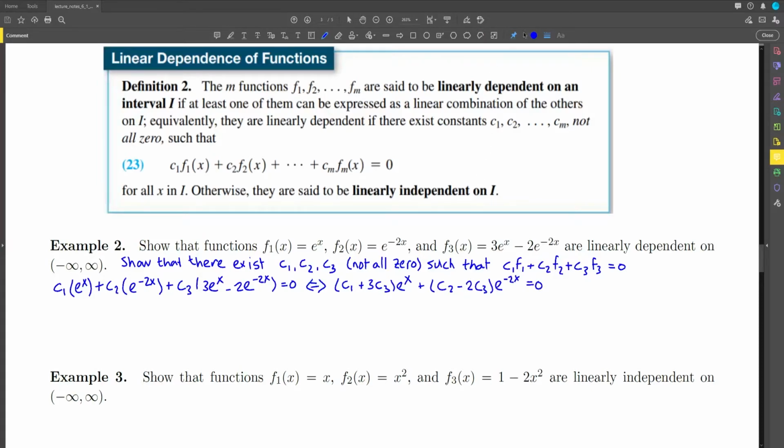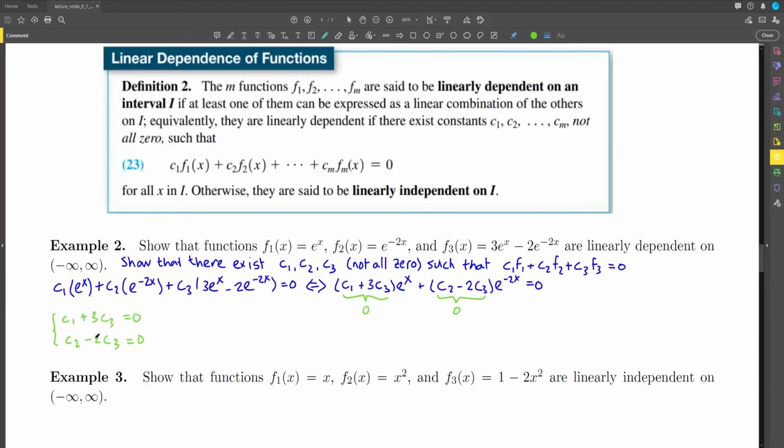Now, since this has to hold for all x's, we need to have that this is 0 and this is 0. So we get two equations in three unknowns, c1 plus 3c3 equals 0, and then c2 minus 2c3 equals 0.